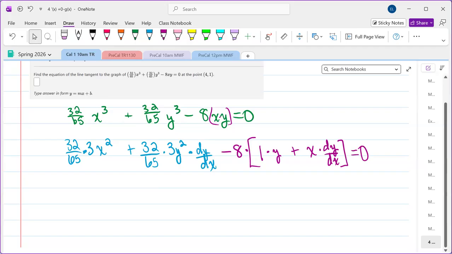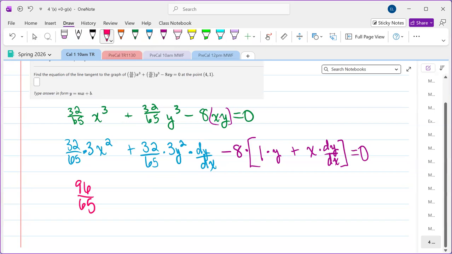All right, so now what we want to do is solve for dy dx. First thing I'm going to do is a little bit of cleanup, multiply our numbers here. So 32 times 3 is 96.